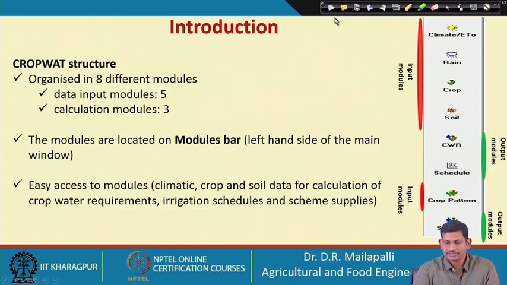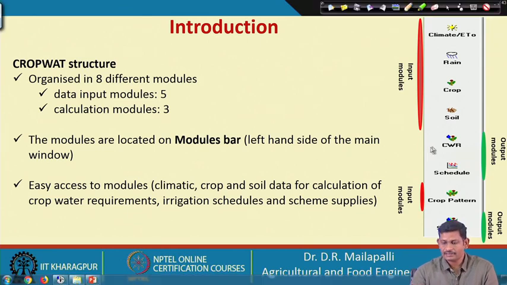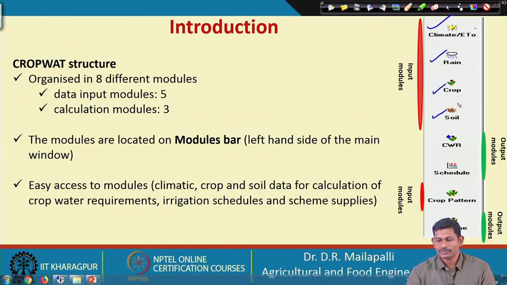And then the structure of Cropwat, if you see this bar. If you open the Cropwat window, on the left side there is a straight bar. You see these are the inputs like climate, ET0, rain, crop and soil. And there is a crop pattern if you have multiple crops.